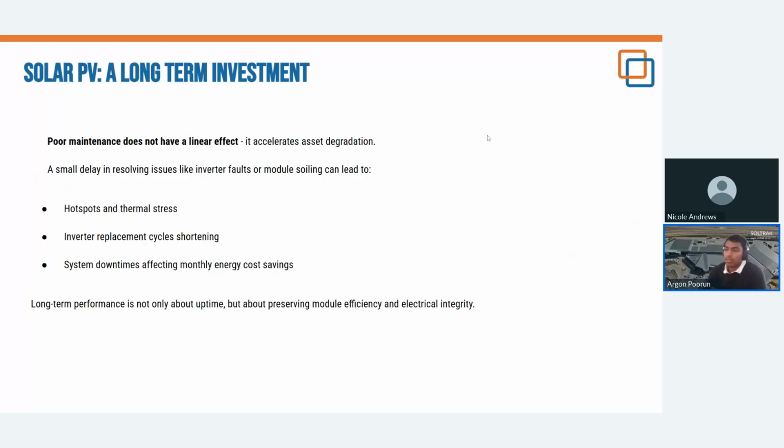Just as I mentioned, poor maintenance doesn't have a linear effect. It accelerates as the asset degrades due to poor maintenance.